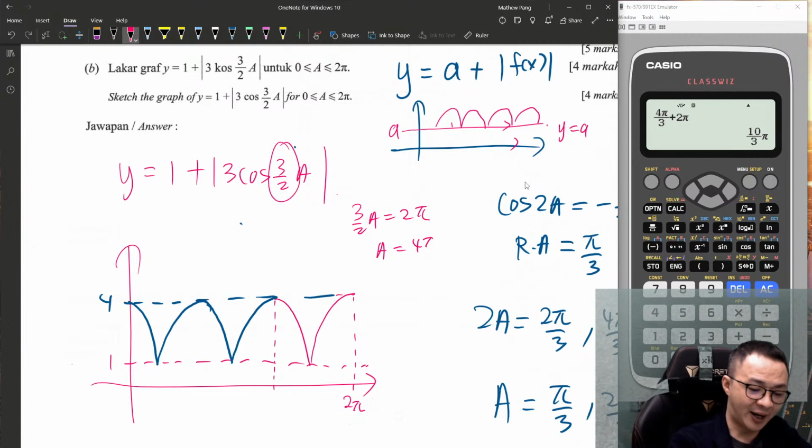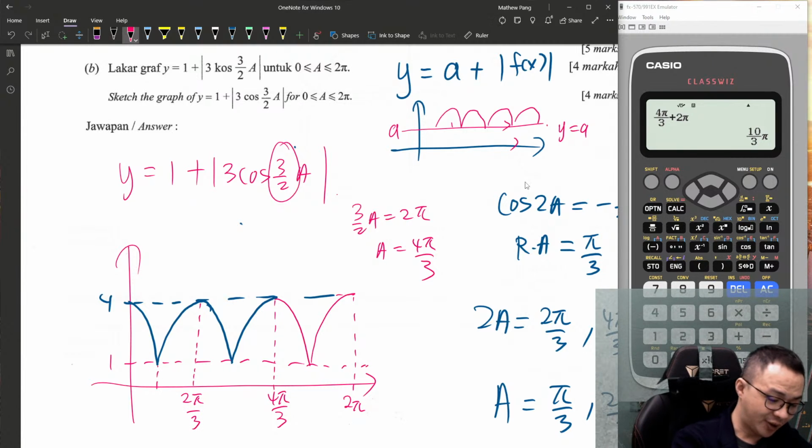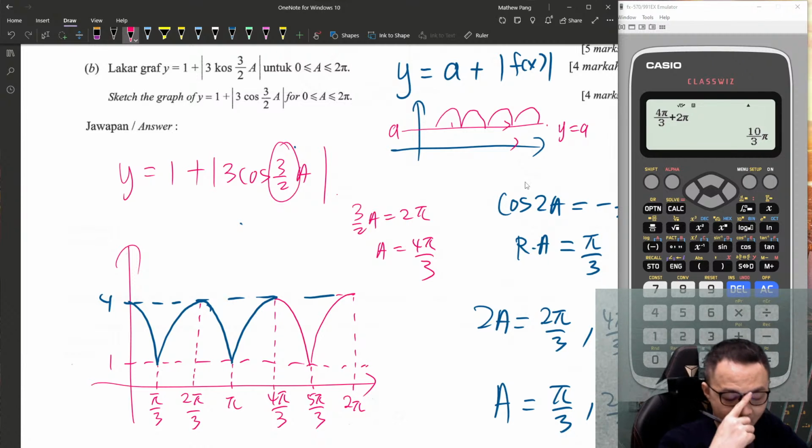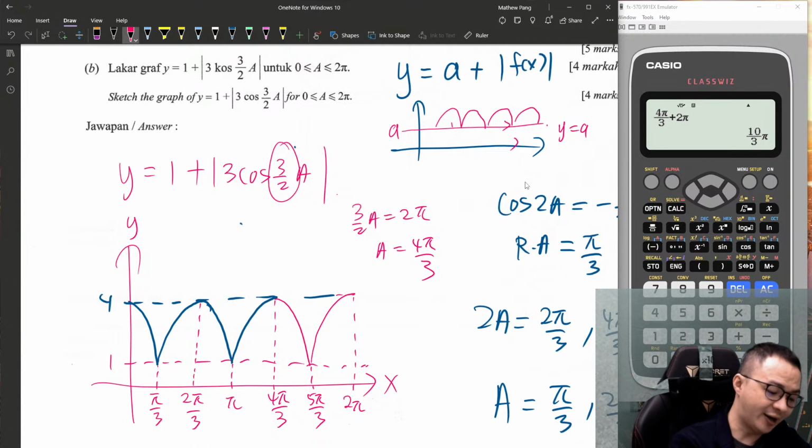A is 4 pi over 3, so this one is 4 pi over 3. So this one is cut again. This one should be 2 pi over 3. So this one should be pi over 3, 2 pi over 3, 3 pi over 3, 4 pi over 3, 5 pi over 3, 6 pi over 3. Done. Okay, this is the whole graph I have.